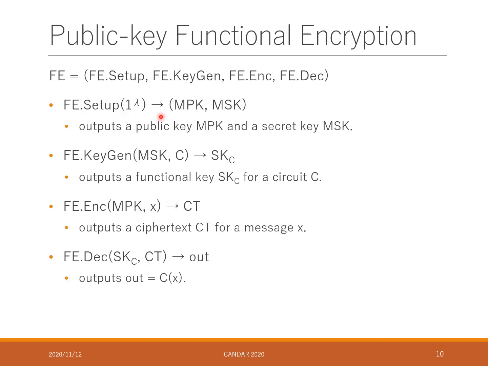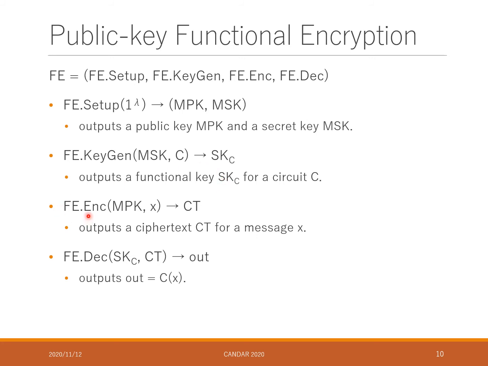We introduce the definition of public key FE. The public key functional encryption FE consists of these four algorithms. The setup algorithm takes the security parameter lambda and outputs the public key MPK and the secret key MSK. The key generation algorithm takes MSK and the circuit C and then outputs the functional key SK_C.